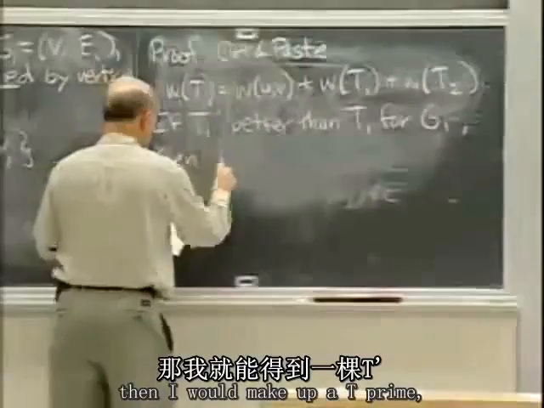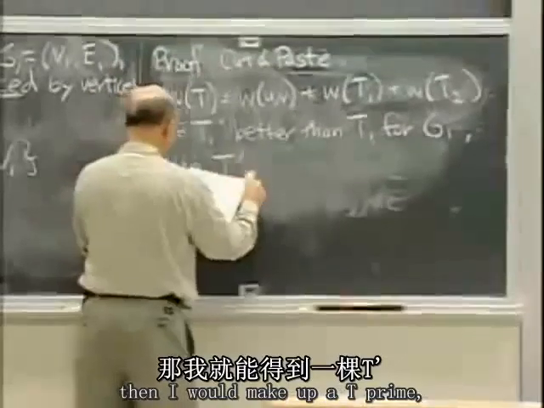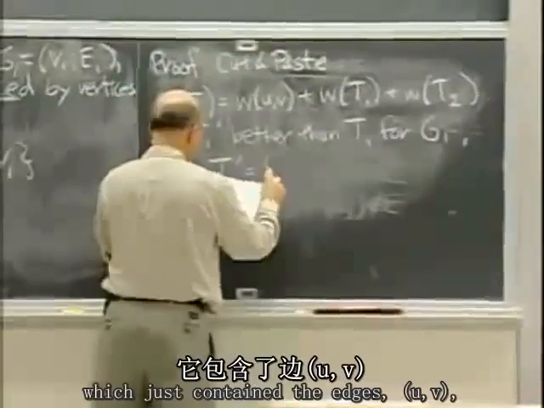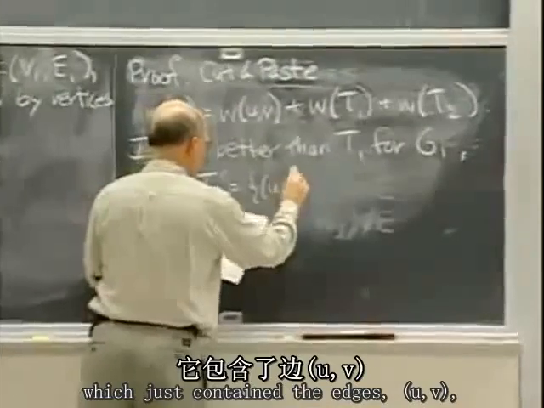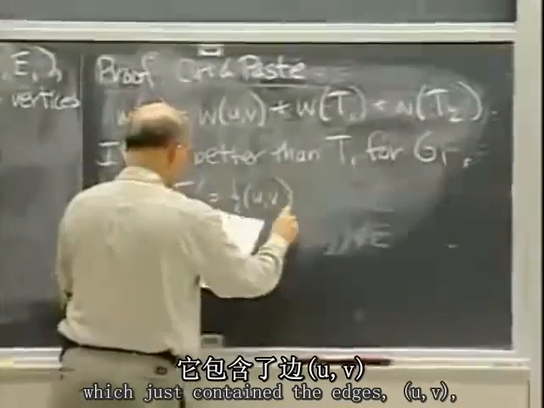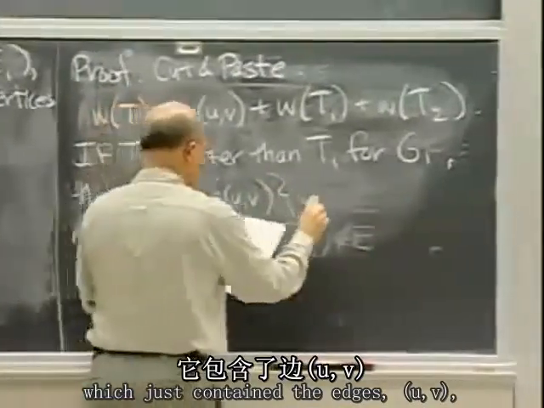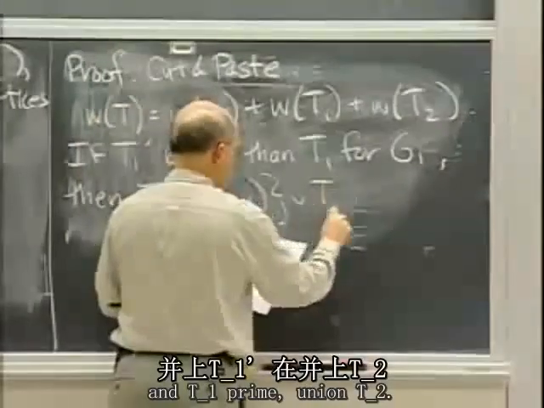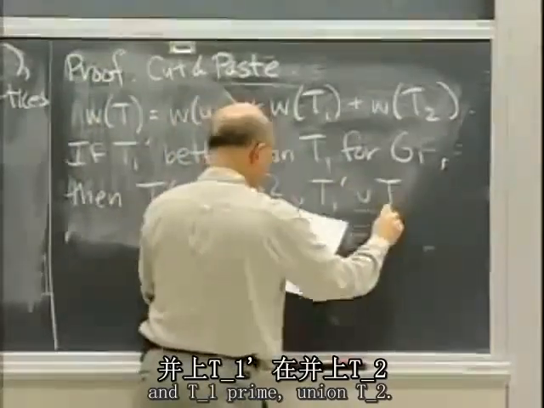Then I would make up a T prime, which would contain the edge UV, and T1 prime union T2.